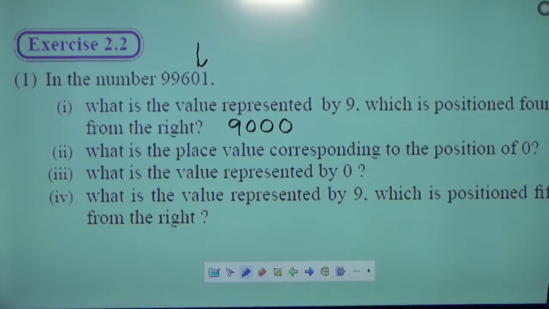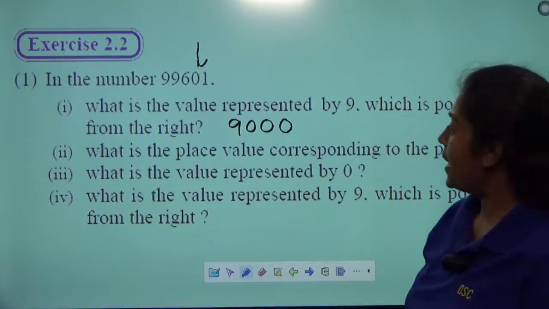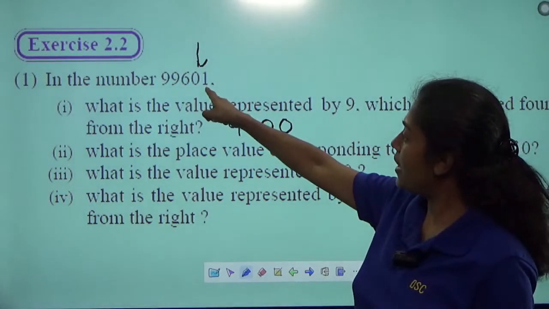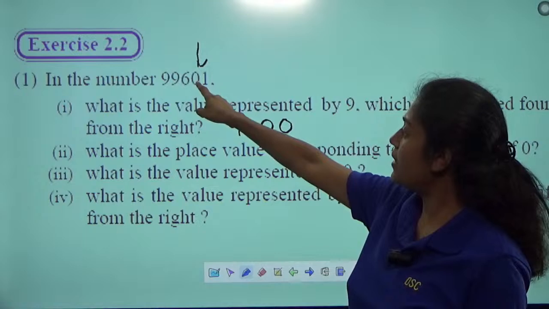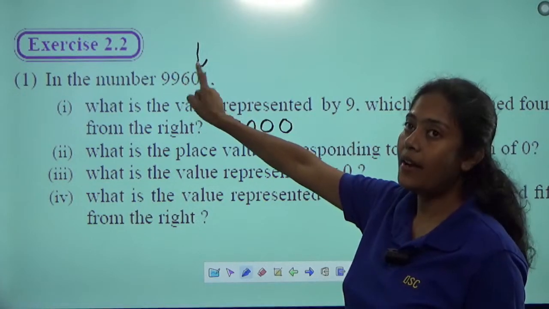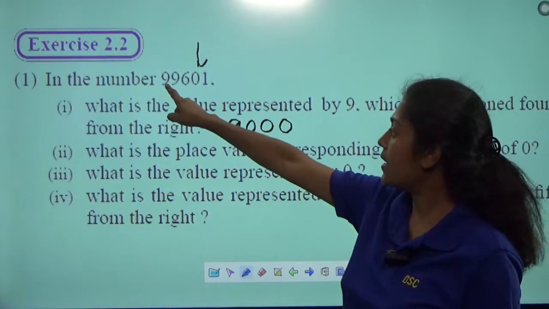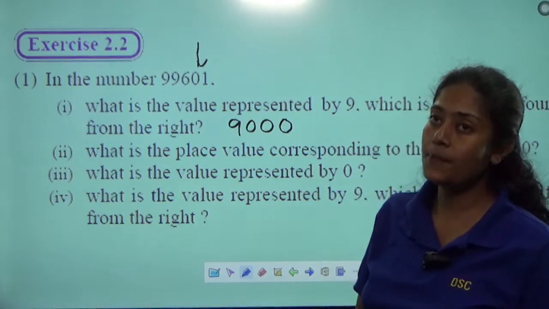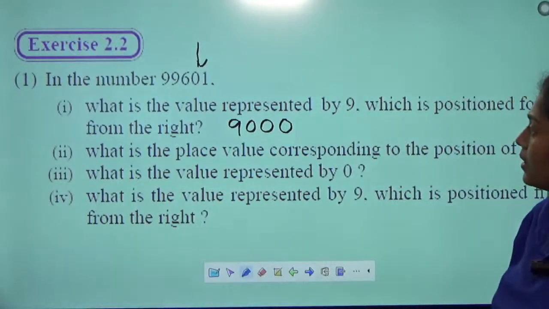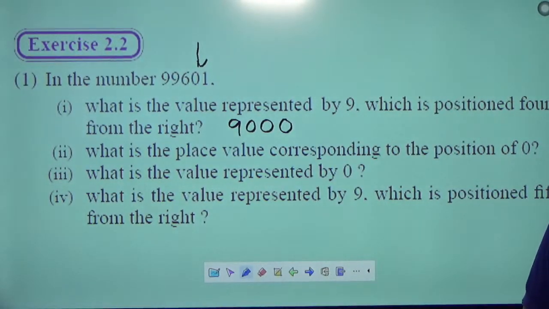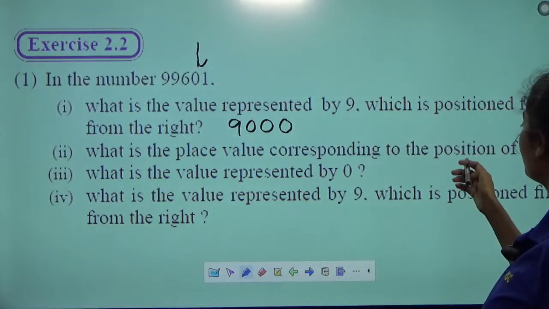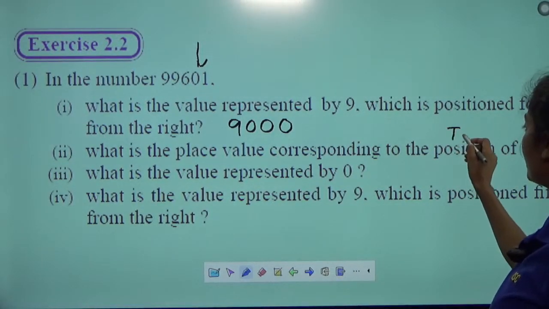They are asking the place value corresponding to the position of 0. When we consider place values, here ones place, then tens place, hundreds place, 9 is in thousands place and 10,000s place. Then 0 is in tens place. So you have to write the answer as tens place.